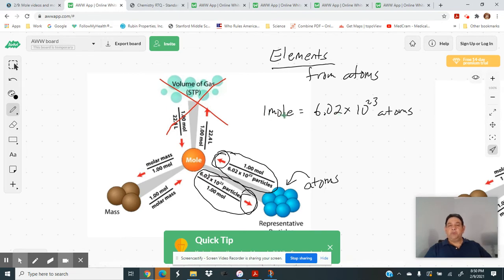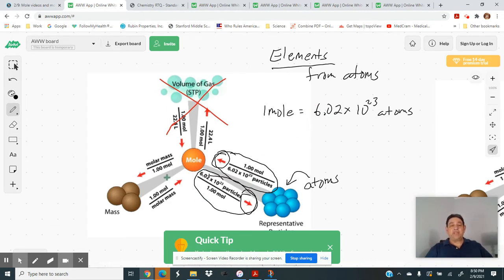As long as you know 1 mole equals 6.02 times 10 to the 23rd atoms, you can make a conversion factor by taking either this side on top and that side on the bottom, or the reverse. Those are your two options, and whichever one cancels out the units is the one you use. So 2 of our problems will be like that.